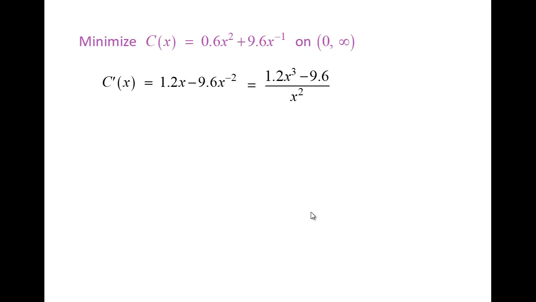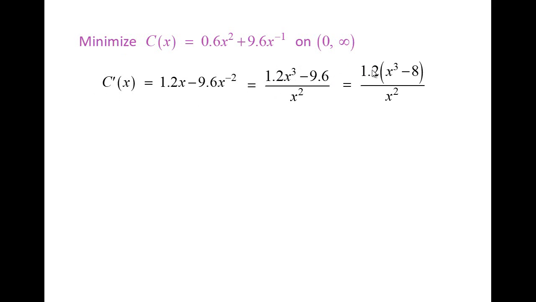Okay, so the derivative would be 1.2 times x minus 9.6 times x to the negative 2, and then we can write x to the negative 2 as 1 over x squared, so that we can write it as 1.2 x cubed minus 9.6 divided by x squared. The derivative is 0 when the numerator is 0.